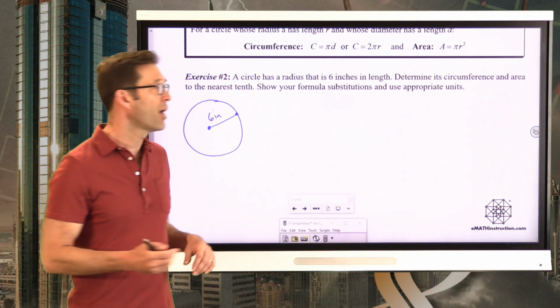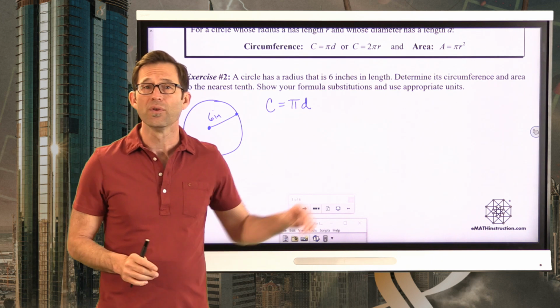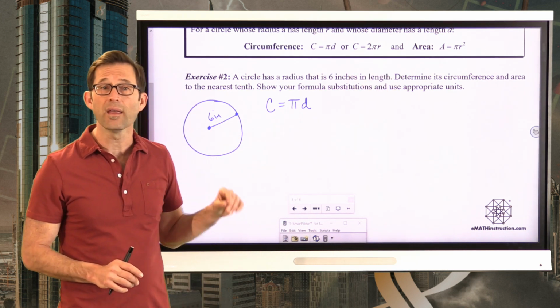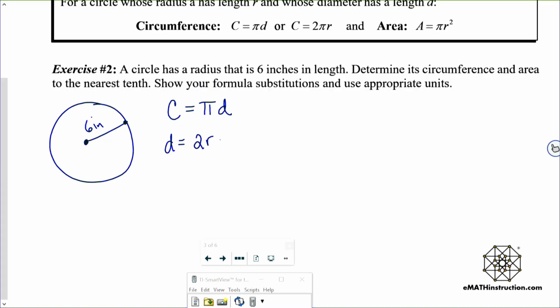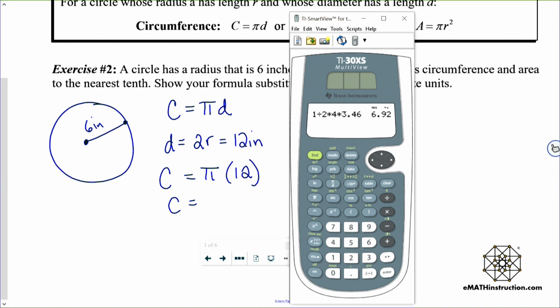Now, the circumference, probably the easiest formula to use is pi times the diameter. And there's nothing wrong with using that instead of 2 pi times the radius, because we can easily say the diameter is 2 times the radius, and that's got to be 12 inches. So the circumference must be pi times 12, and we're going to let our calculator do that for us. Let me just clear this out.